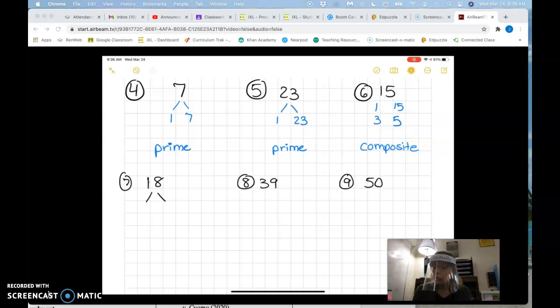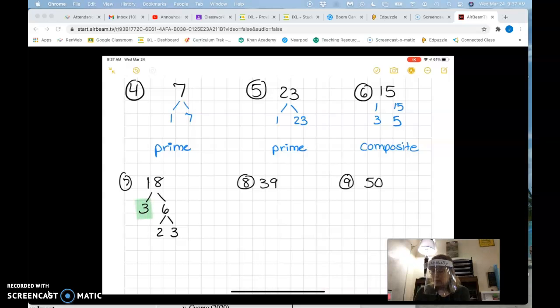So what equals 18? 4, 3, 3 and 2, nope. 3 times what equals 18? 6. So, can I break 3 down anymore? No, it's only 1 and 3, so we're going to leave that. Can I break 6 down more? 2 and 3.